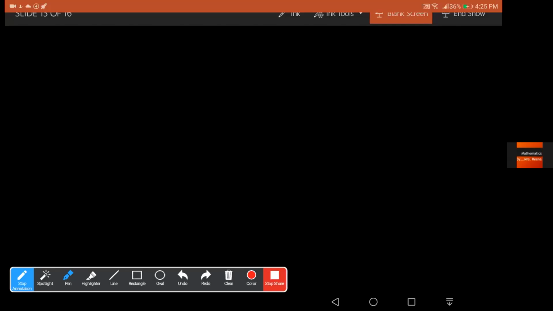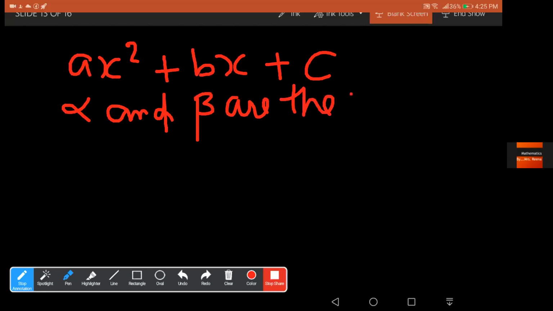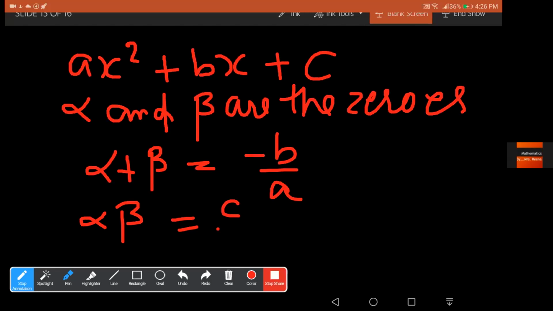So as we all know, if we have ax square plus bx plus c, this is a polynomial, and alpha and beta are the zeros of this polynomial, then we can say that alpha plus beta will be equal to minus b upon a, and alpha beta will be equal to c upon a. Okay, this is a quadratic polynomial.